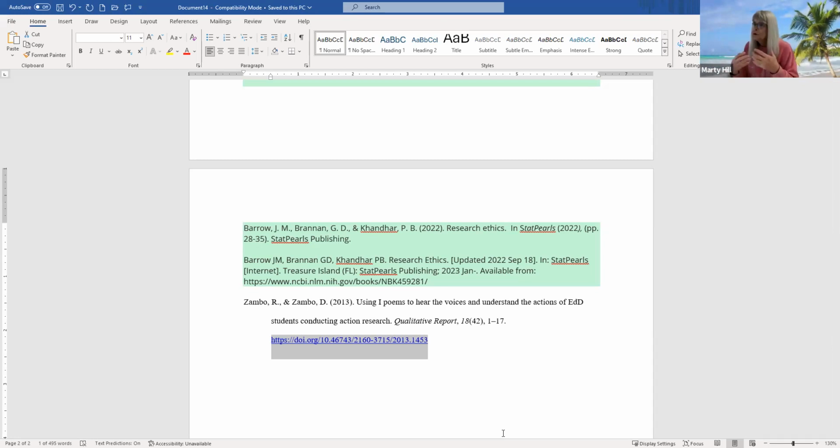For example, you have access to UOP's library, but to get into that library, you have to log in to the UOP system. So if you find a journal article in our library, you can't just copy and paste that URL, because there's going to be information in that URL, things like UOP Phoenix or login. Somebody in the general public is not going to have access to that library.